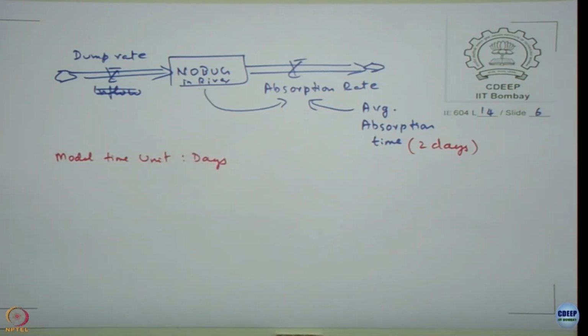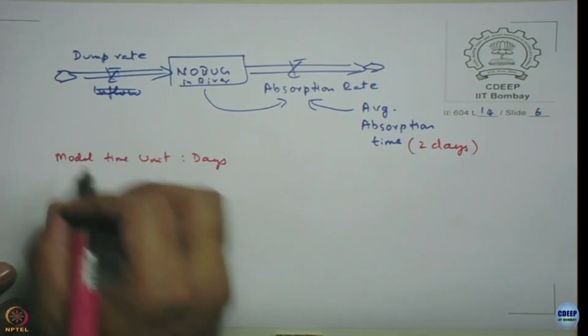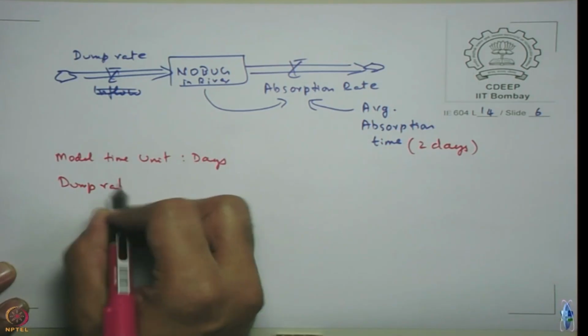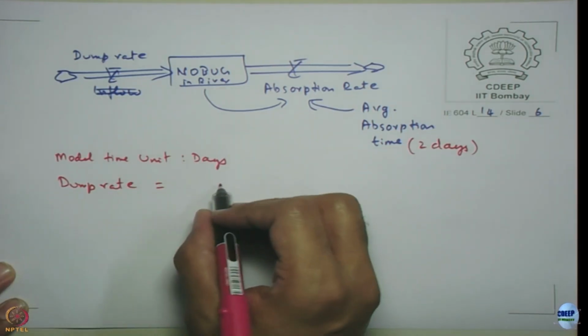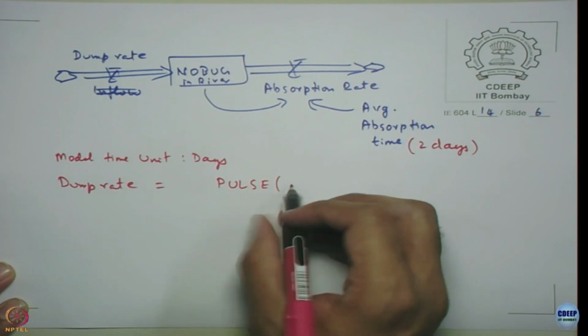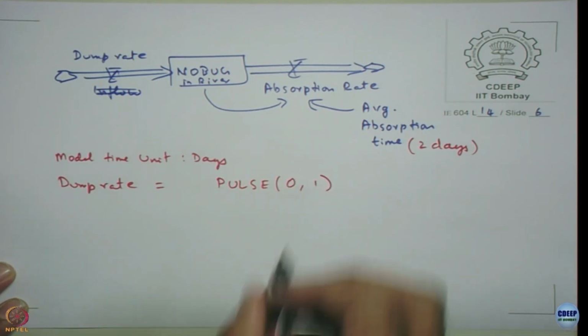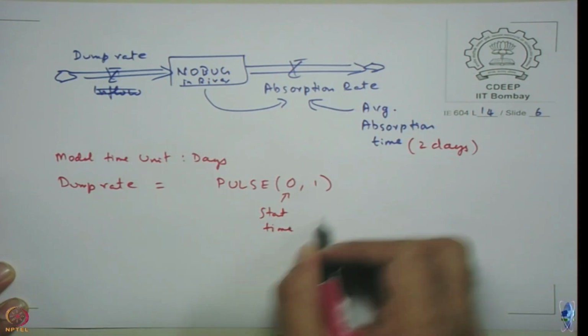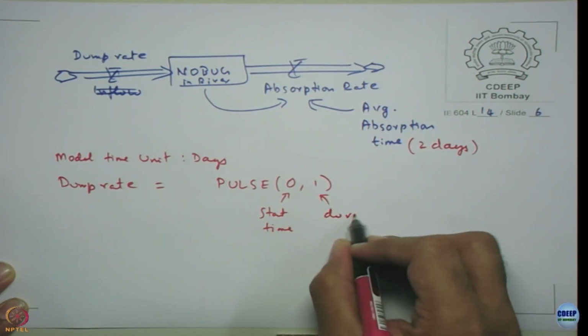So, now to simulate, let us take a very simple case. Let us start with a dump rate as just a pulse quantity. We already seen pulse before. Pulse has 2 inputs, one is the start time, other is the duration.